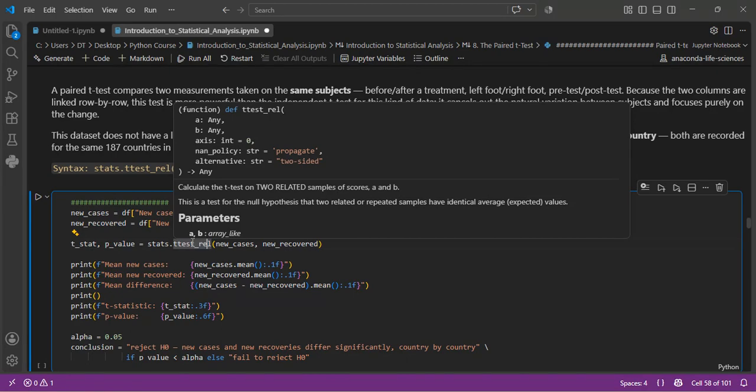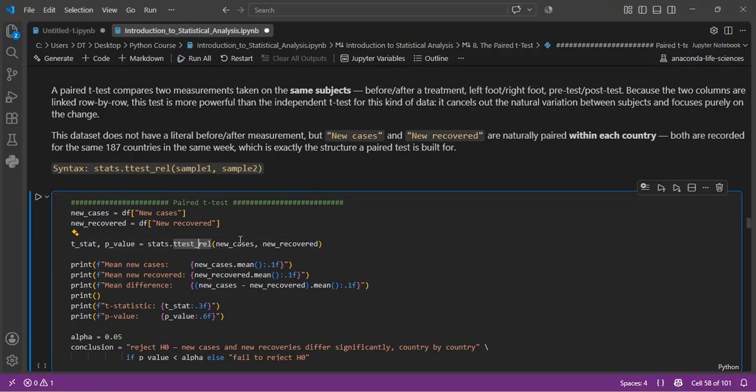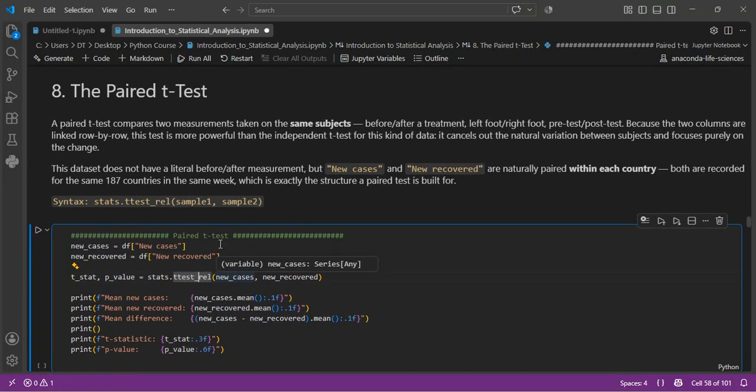You have the def ttest_rel, and then it takes some number of parameters. So a, b, those are what we provided over here. These ones are default, so we take the default, unless it is a special case where we have to modify any of the parameters. So it is just the name of the function that helps you to run the paired t-test on two columns of your data, or two sets of data that you took on your experimental subject before and after. I hope that answers your question.